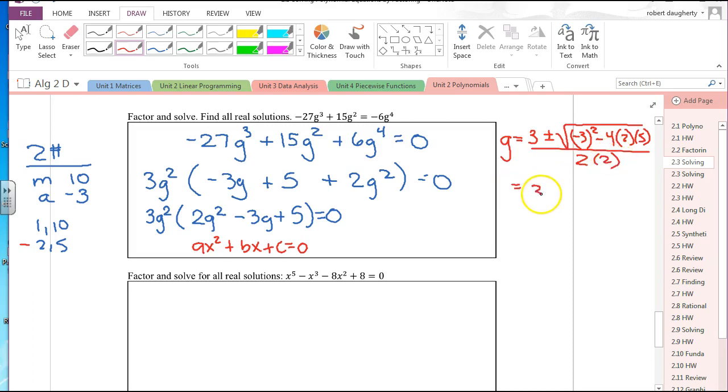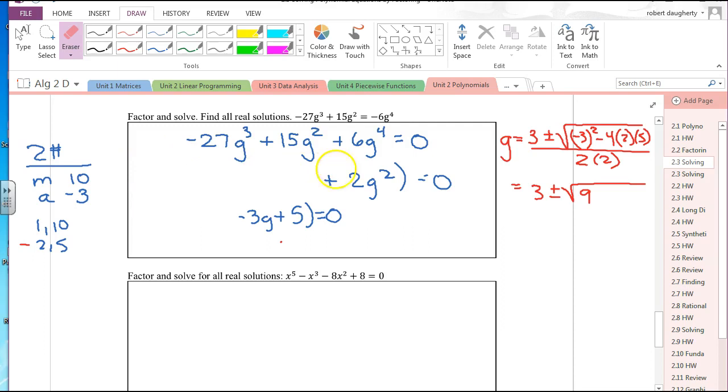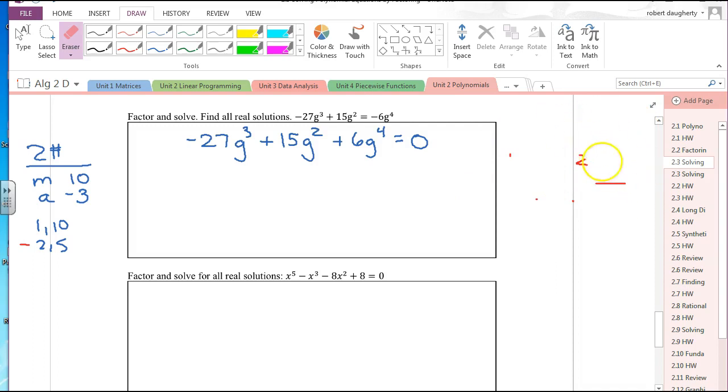So this is 3 plus or minus 9, and that is, okay, hold on, I gotta back up. I just realized that I made a mistake here in the factoring step. So things were not looking right, so let me go back and we'll take care of that.